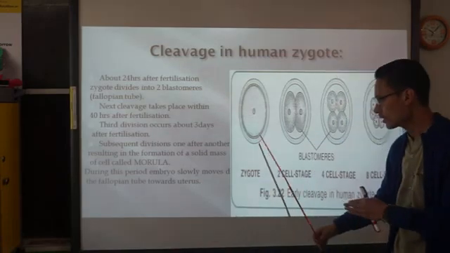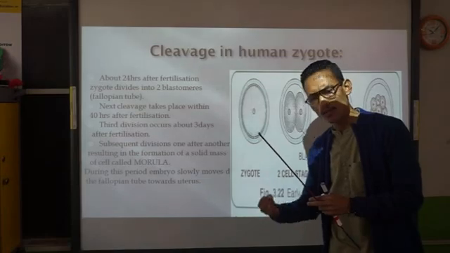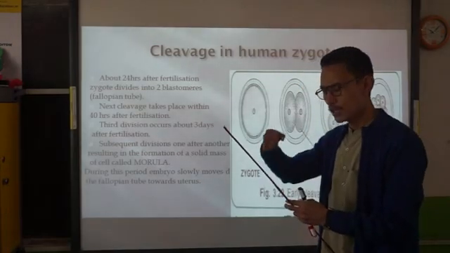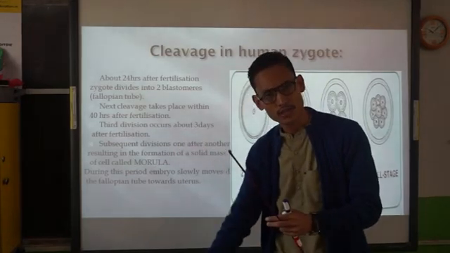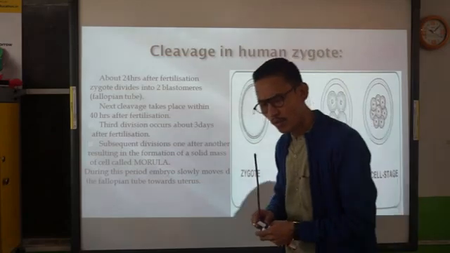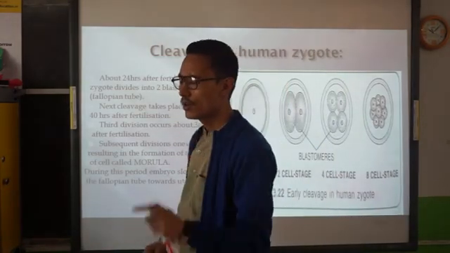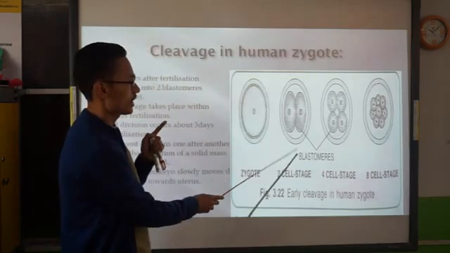That means when the zygote is undergoing cell divisions, slowly it is moving from the fallopian tube towards the uterus. Clear? So one more time. In a human being, about 24 hours after fertilization, the zygote, a single cell, will divide to form the 2 cell stage, that is blastomeres.